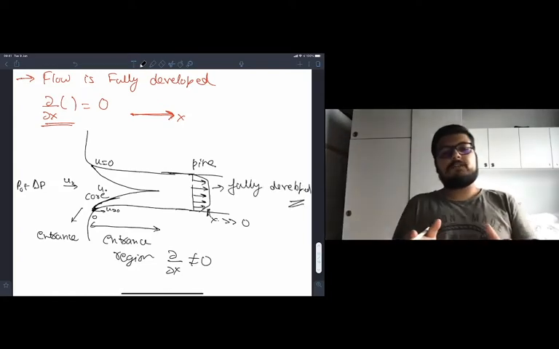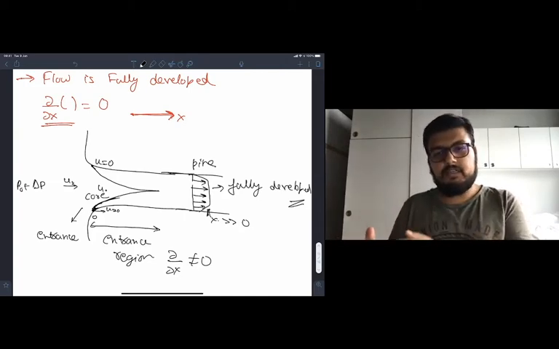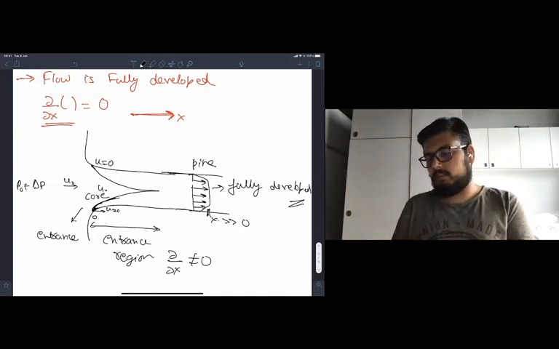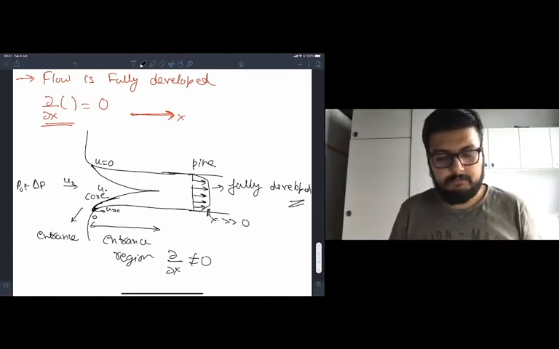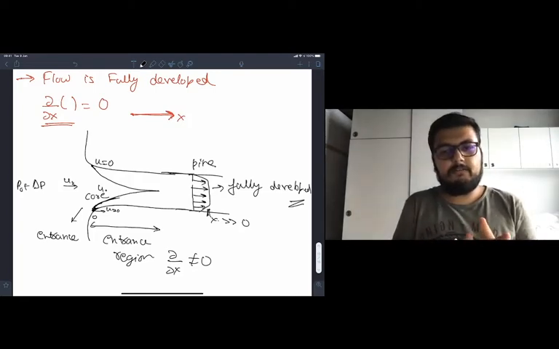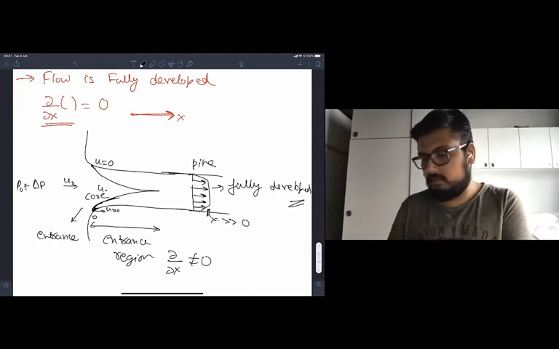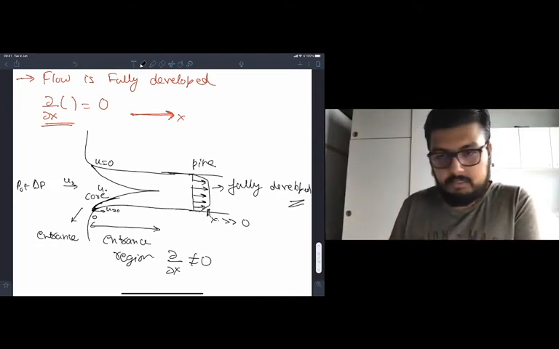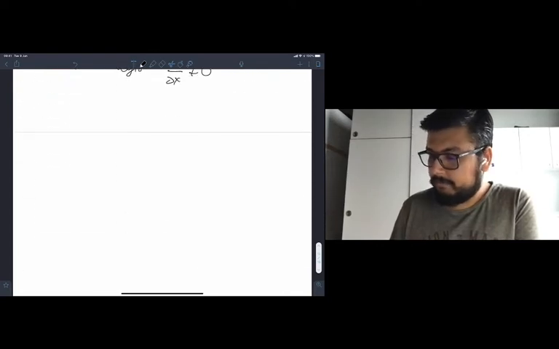So my first assumption would be to disregard any transients in the x direction, which means that I am already in a situation where the flow is fully developed. It is very important in fluid mechanics that we write down explicitly whatever assumptions we are taking in order to solve the equations. So this is one such assumption, which I said is a key assumption.